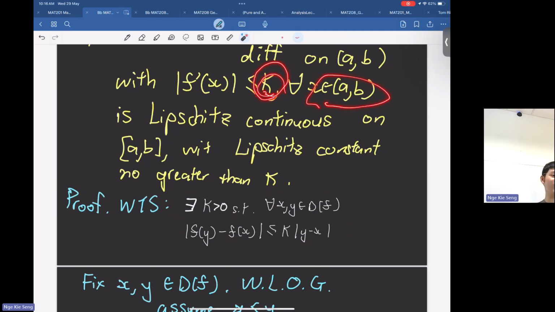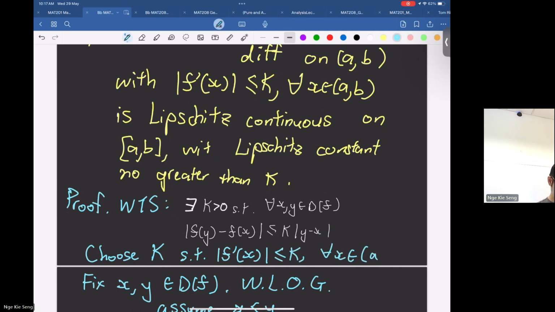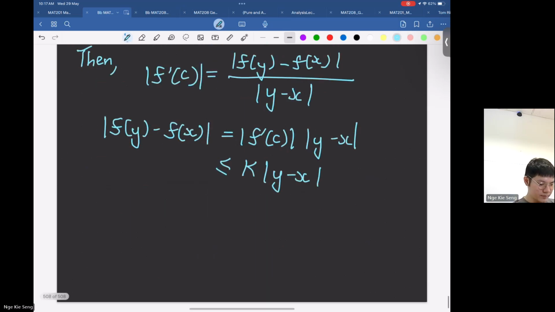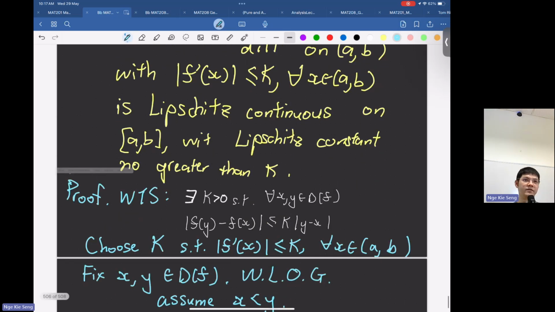If this k depended on points, then you would have trouble. But yeah, you are right. You can choose k such that the absolute value of f prime x is less than or equal to k for all x. The point is the k that we get here is the k that bounds the first derivative.